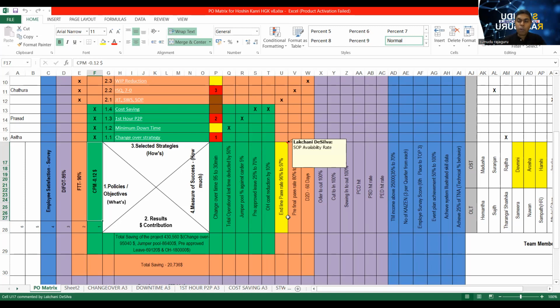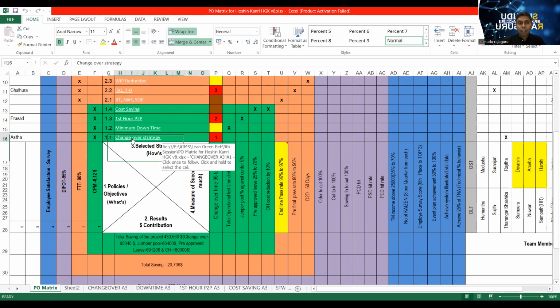So if you want to get the results, then each strategy we should monitor in a proper manner. For the activities we are going to implement, how we can monitor and who the responsible parties are, everything we can include in a separate A3 also.